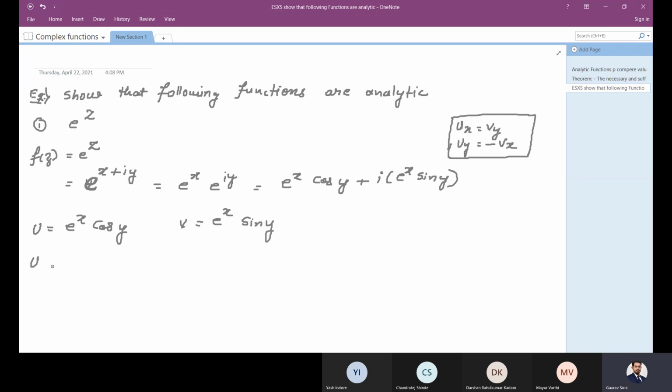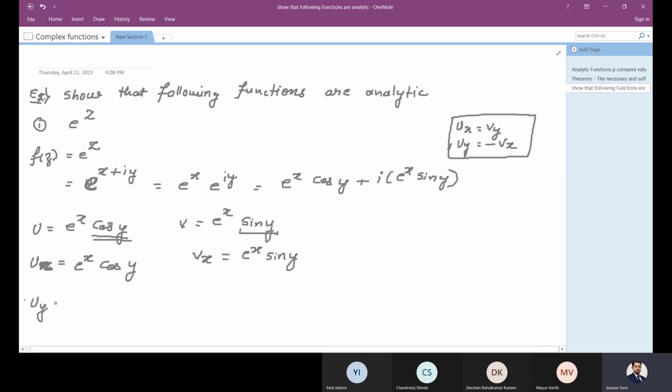What is ux? When I take the derivative of u with respect to x, cos y is constant, and the derivative of e raised to x is e raised to x. So ux is e raised to x cos y. What is vx? Derivative of v with respect to x: sin y becomes constant, and the derivative of e raised to x is e raised to x, so vx is e raised to x sin y.